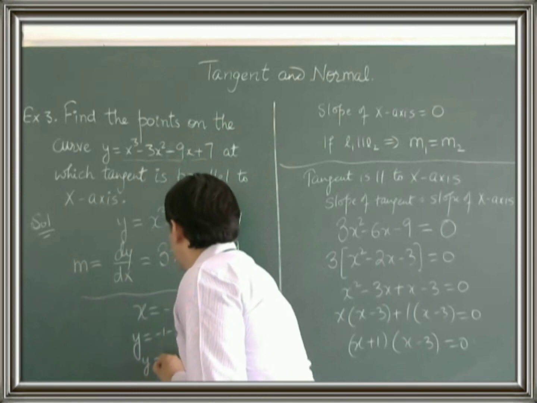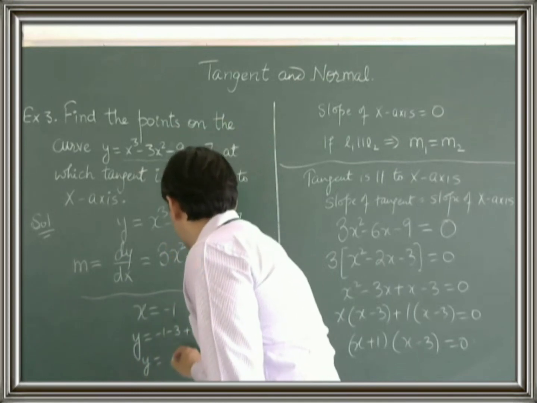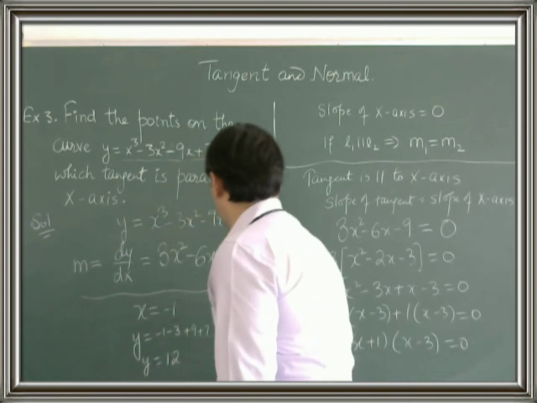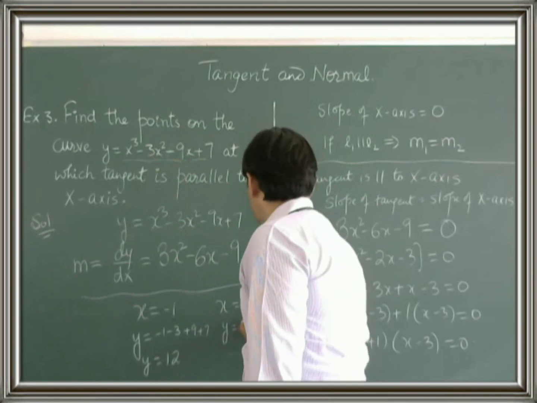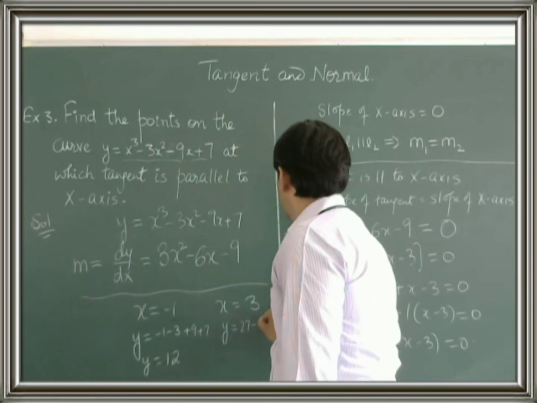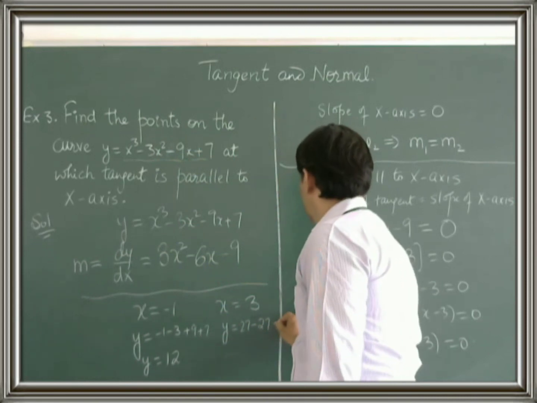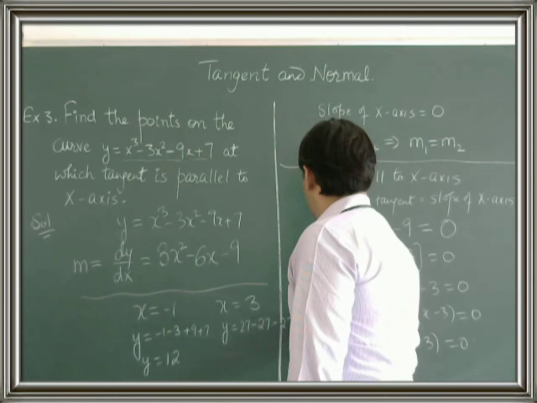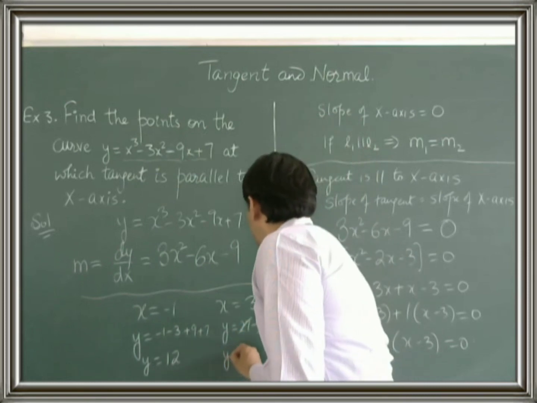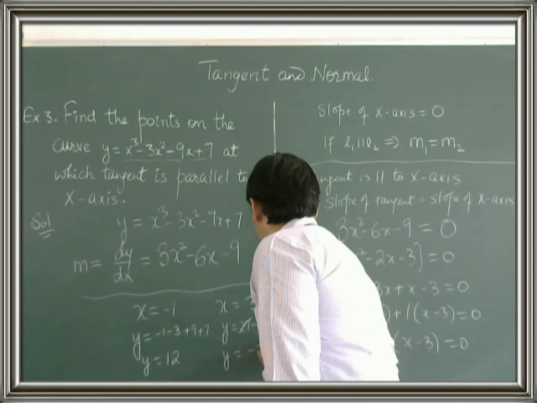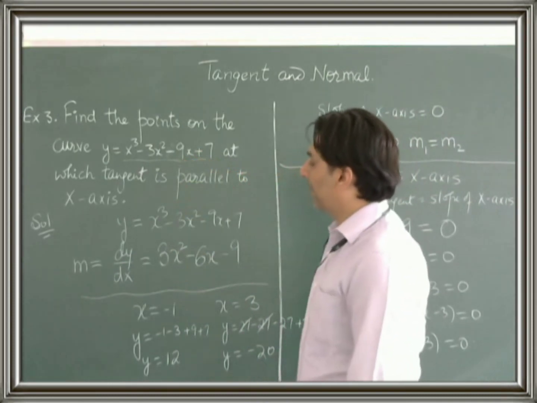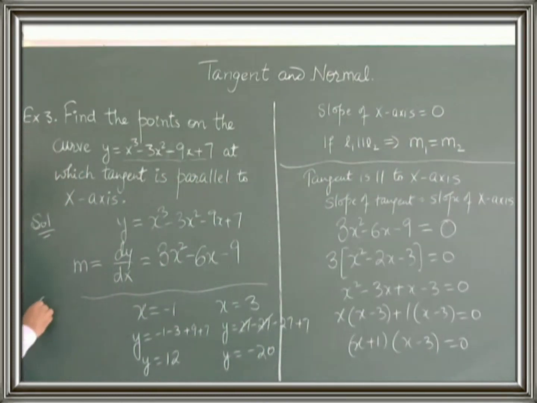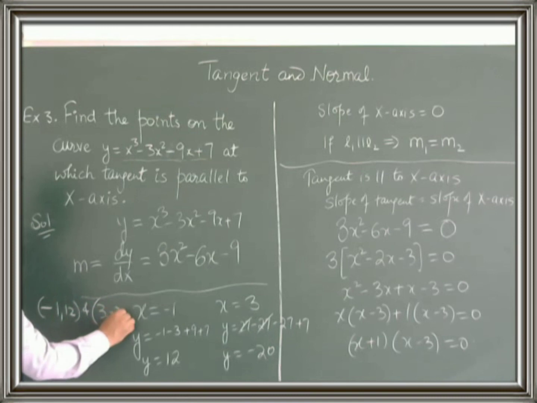So y came out to be how much? 16 plus -4 is 12. और x को अगर आप यहाँ 3 put करते हो, you will get the value of y as -20. So the points at which the tangent is parallel to the x-axis are (-1, 12) and (3, -20).